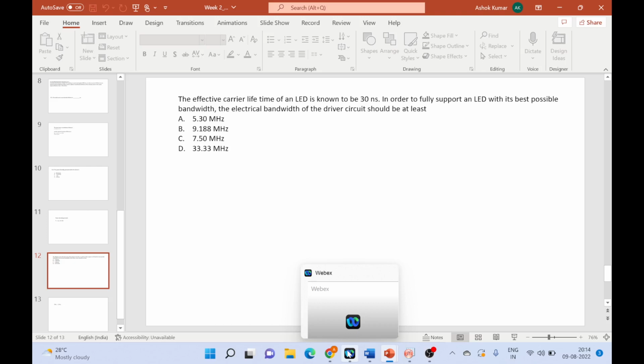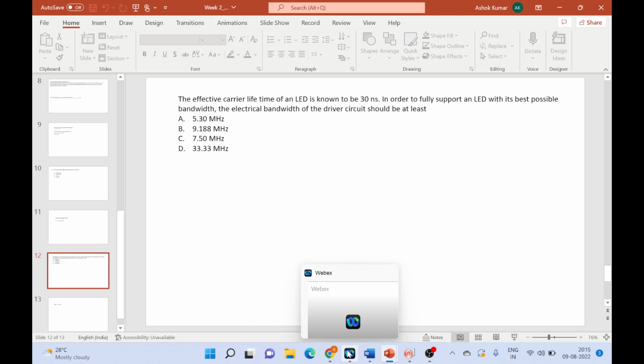Yes. Your optical output power will be something multiplied by current. So slope efficiency encompasses h mu by q, internal efficiency, and external efficiency, like P out by P in.